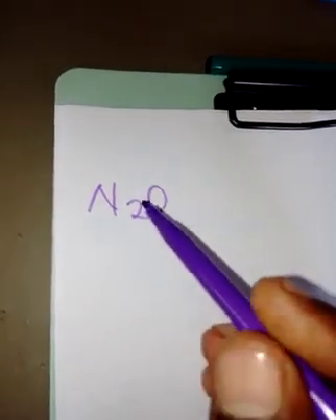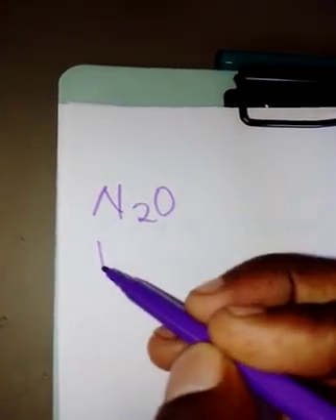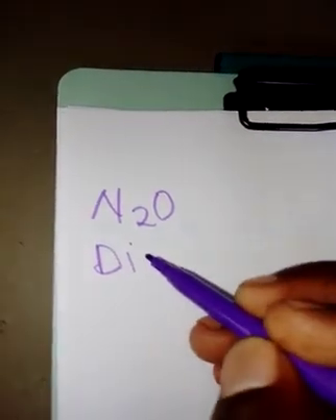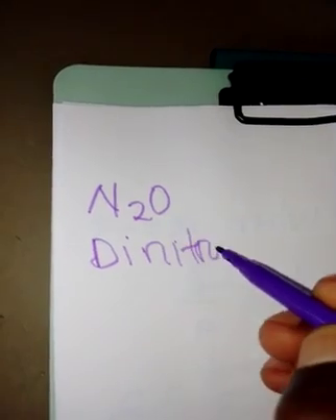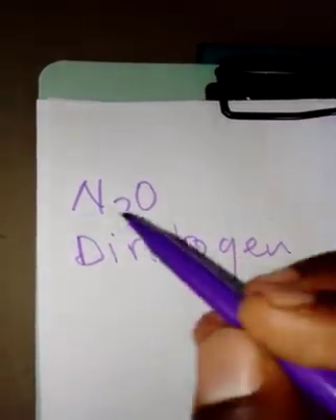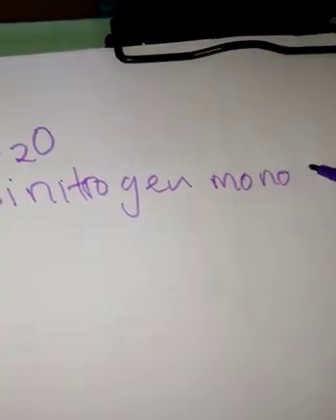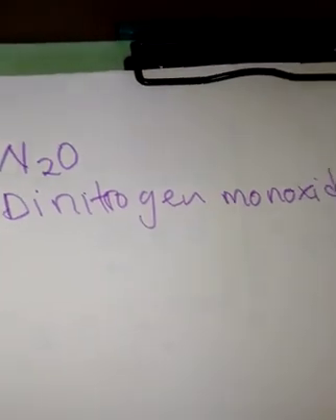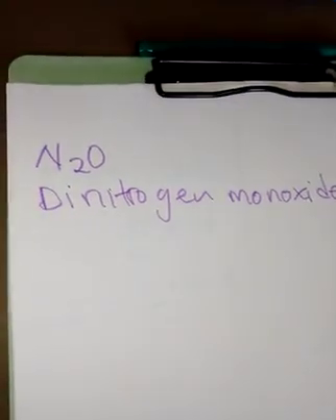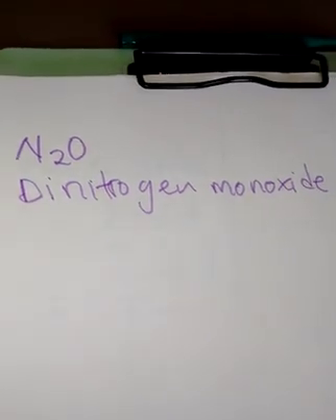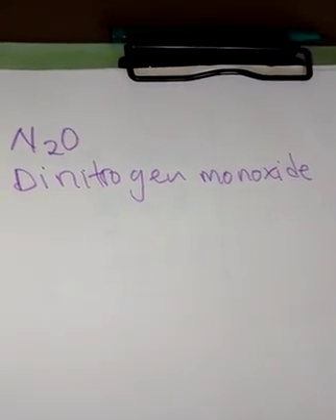So we have 2 atoms of nitrogen, therefore using dinitrogen, then 1 atom of oxygen. So dinitrogen what? Monoxide. Dinitrogen monoxide.